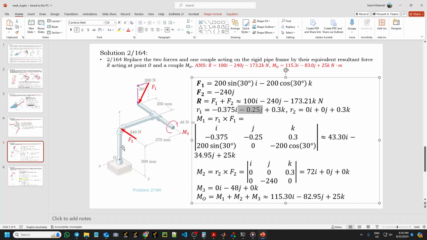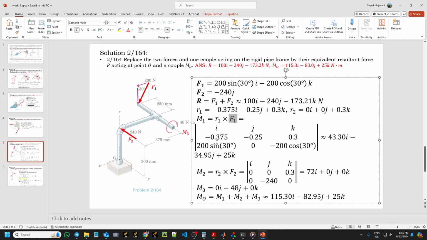So R2, how much is R2? It will be 0.3, but we have 300 millimeter, we divide it by 1000, and we are going up, so it will be 0.3 K. So we will find R1 cross F1 and then R2 cross F2.